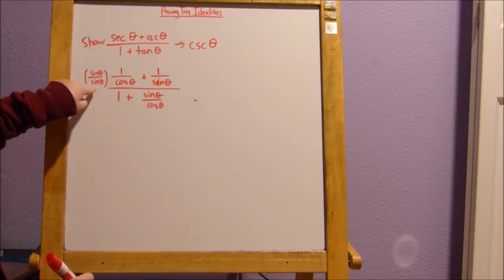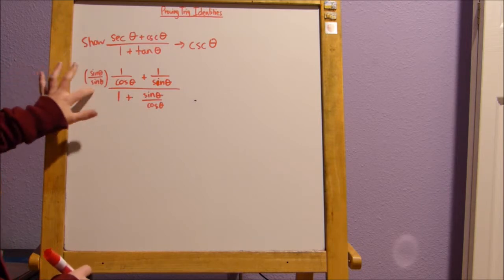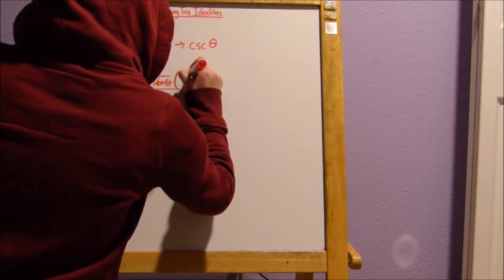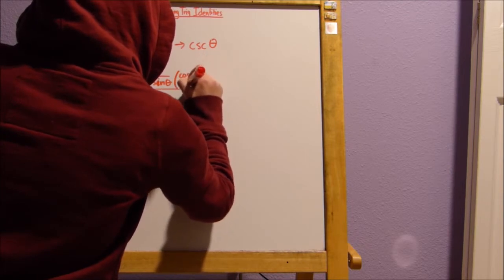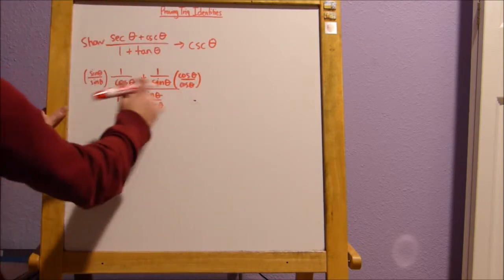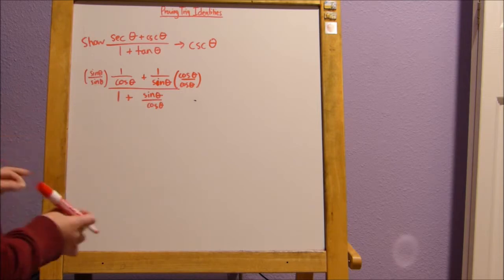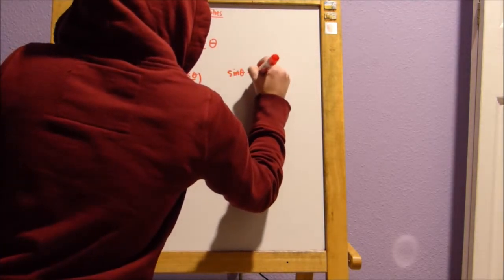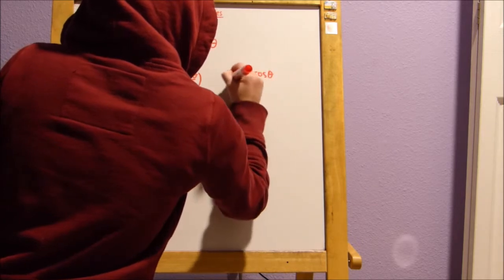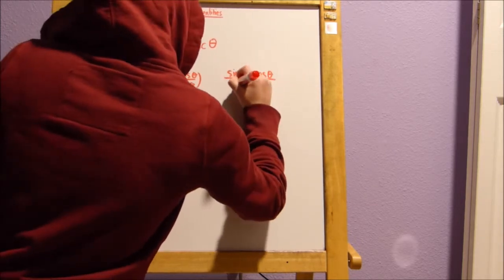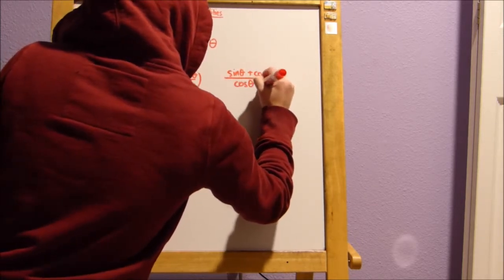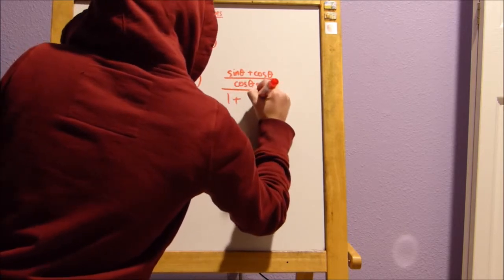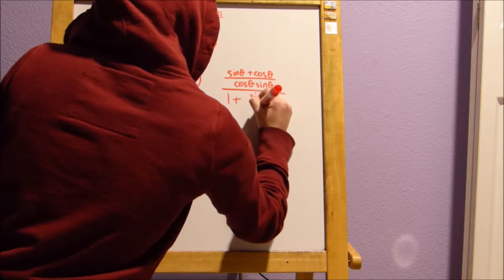Remember, you can't just multiply the denominator by this, you have to multiply the numerator by it also. And this one by cosine of theta over cosine of theta to get a similar denominator, so you can add them together. So we end up getting sine of theta plus cosine of theta over cosine theta times sine of theta over 1 plus sine of theta over cosine of theta.